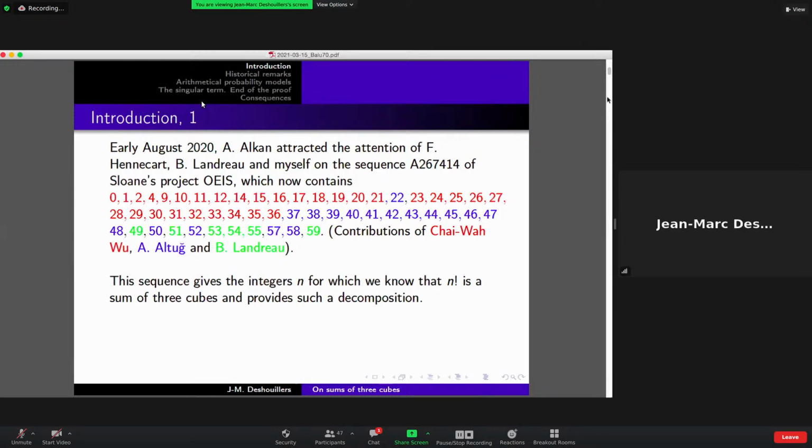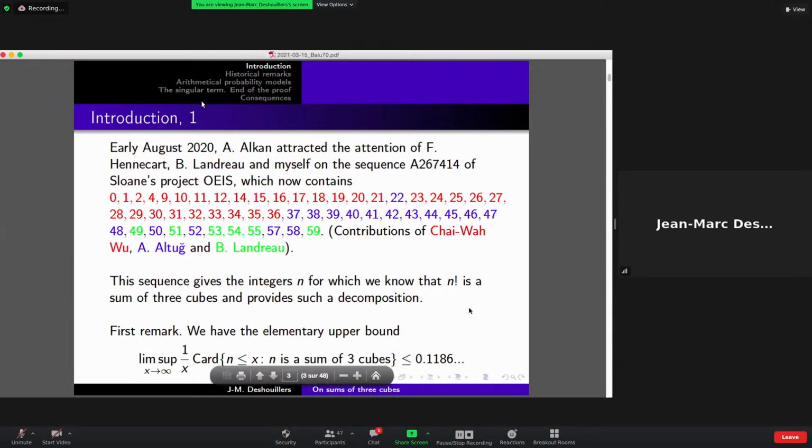This was our first surprise, because we know even a bit better than 1/6. We know that the density of integers which are a sum of 3 cubes cannot be larger than 0.1186.